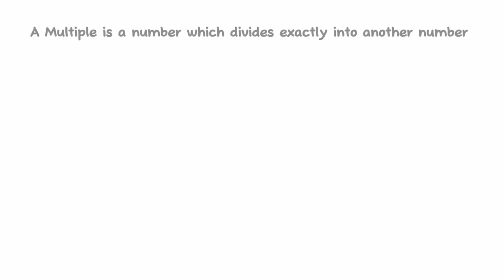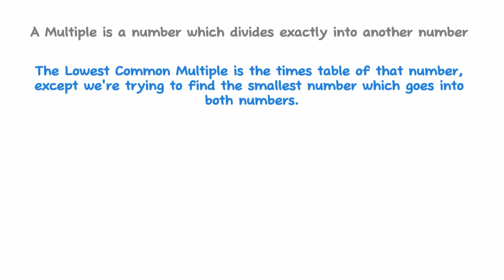So a multiple is a number which divides exactly into another number, whereas the lowest common multiple is basically the times table of that number, except we're trying to find the smallest number which goes into both numbers, which is why it's called the lowest common multiple.